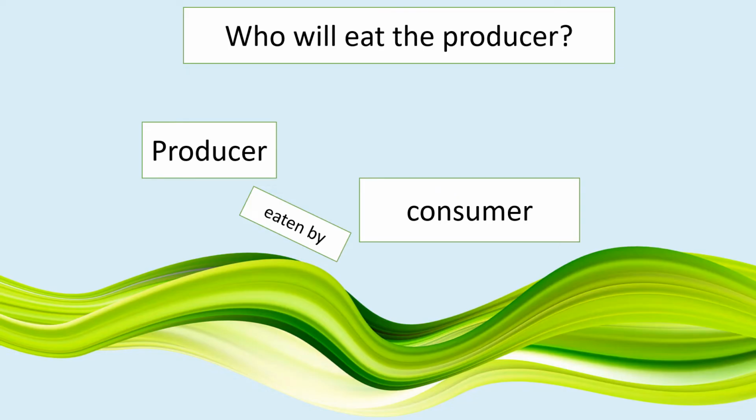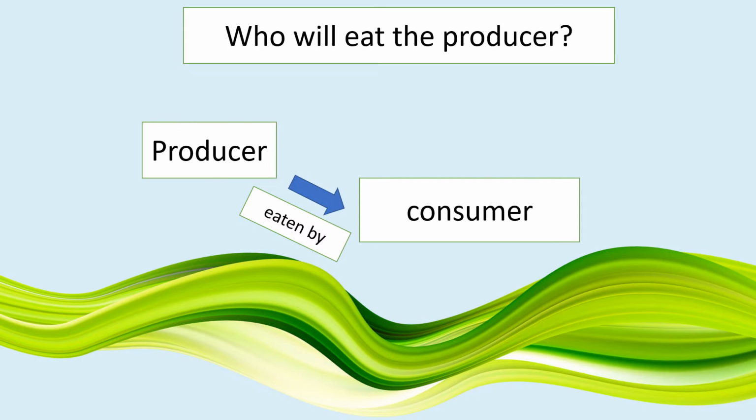Okay, so now I have a question over here. Who will eat the producer? Who eats the producer? It's the consumer. Okay, or consumers eat the producer. Can you give me an example of producer? Again, producers are plants. Why plants?